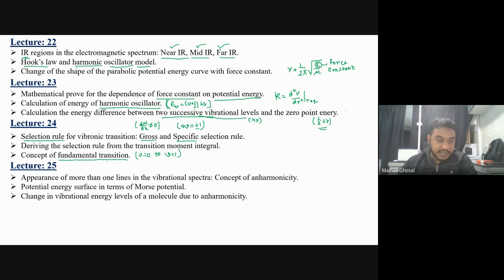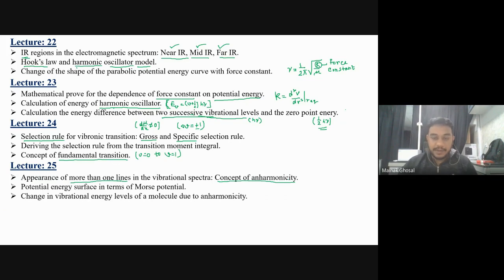In the next lecture, it was shown that in the actual vibrational spectrum, more than one line is present. Why is this coming? This can be explained by the concept of anharmonicity. Earlier, we thought of the molecule as a simple harmonic oscillator, but actually this is not correct.